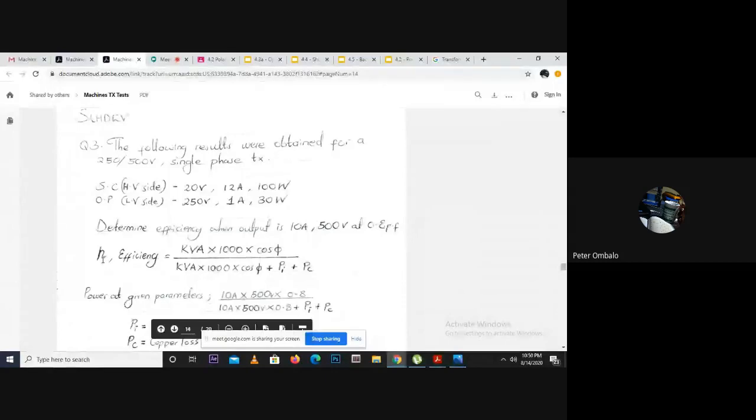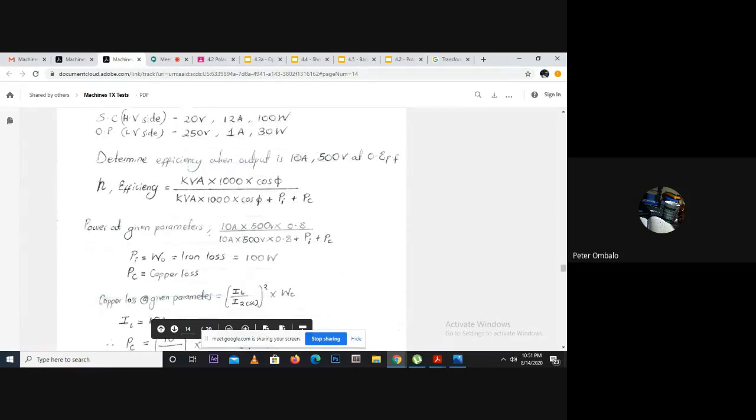So if you remember, the formula for efficiency that we gave at the beginning was the power at the particular point where the transformer is operating over that power plus the core losses plus the copper losses. So the power at the given parameters, which is 10 and 500, is this.